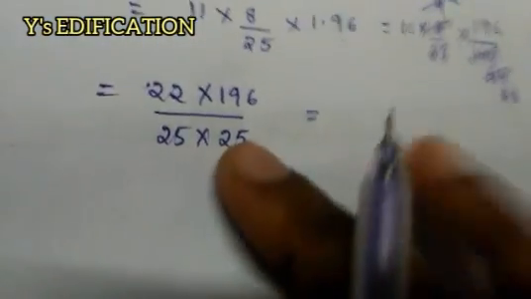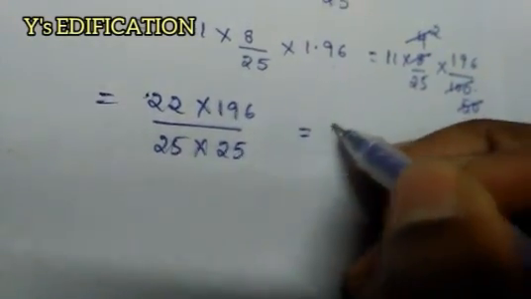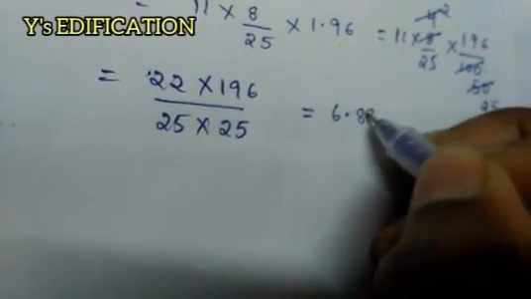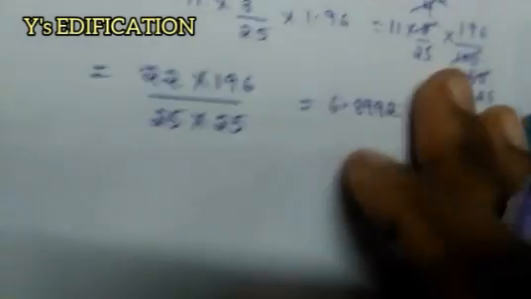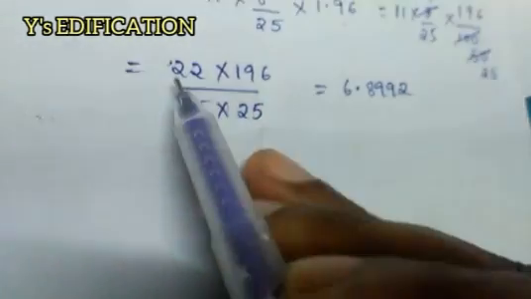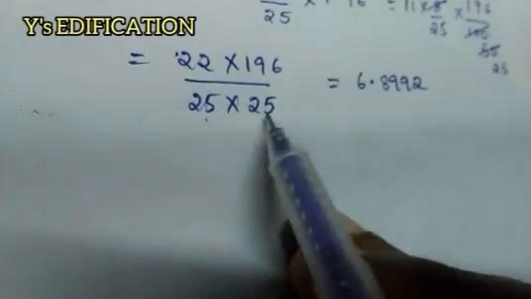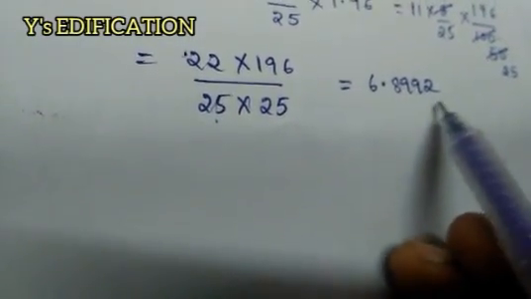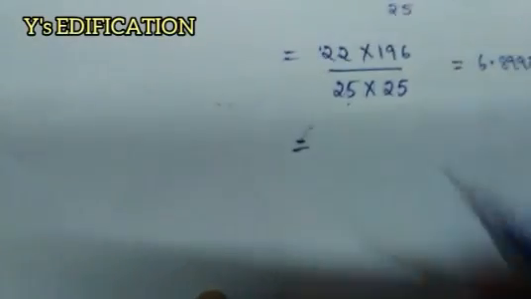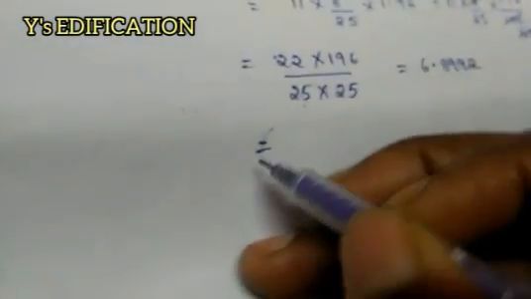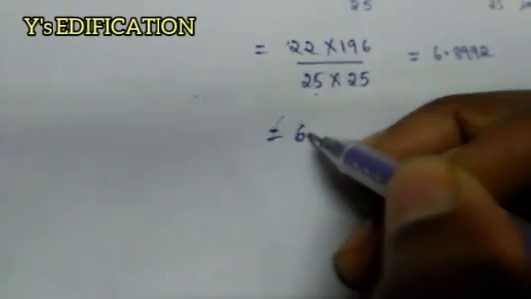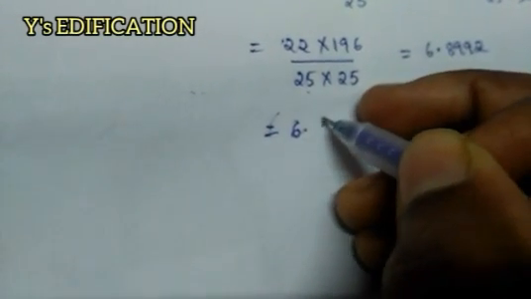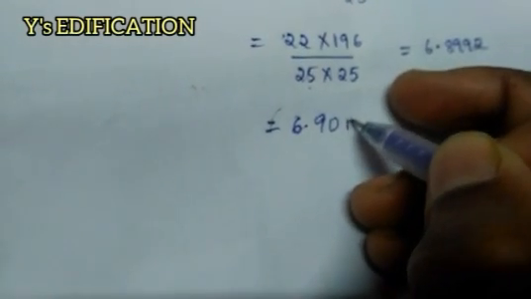After multiplying these terms, we will get the answer. You just multiply 22 into 196 and 25 into 25, then divide, you will get the answer 6.8992. So this is approximately equal to 6.90 meter square.